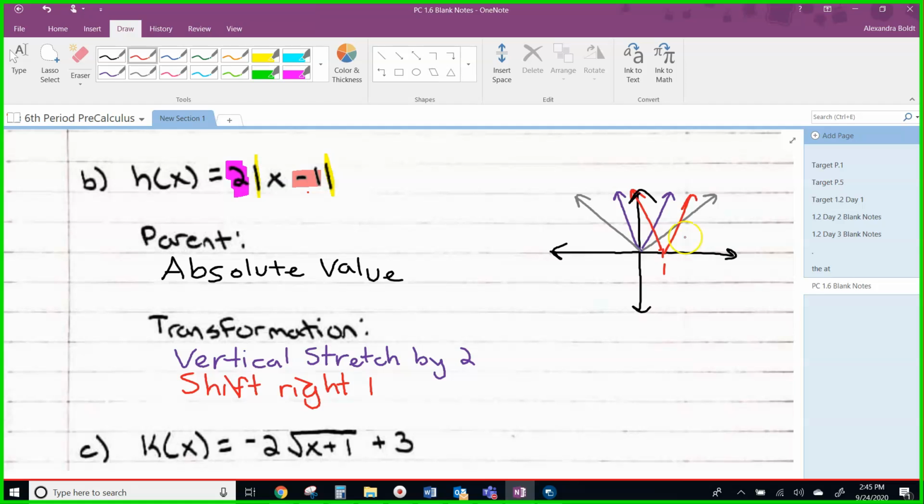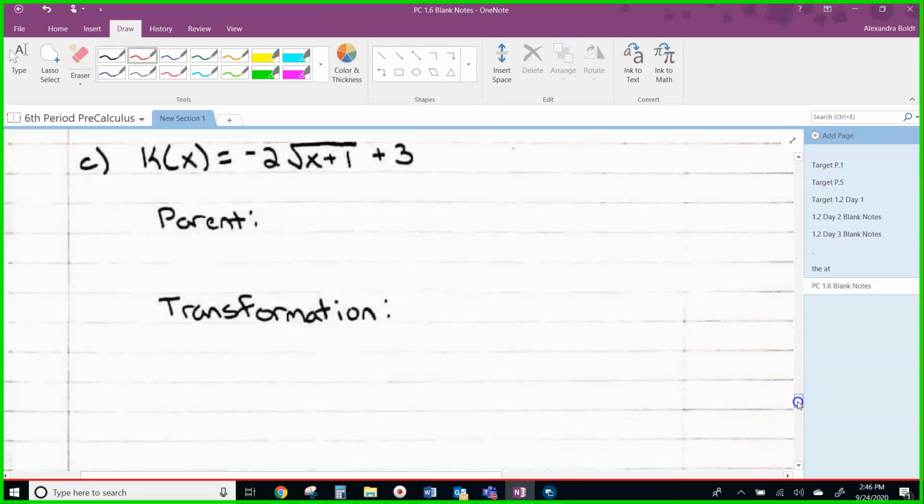And so our red function is actually our h of x. That's our final one. Always good to label your final answer in these, right? Because I do want to see all the pieces of your transformation, but I also want to make sure we know what the final one is.